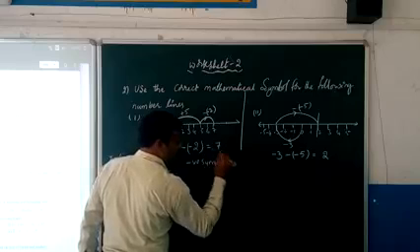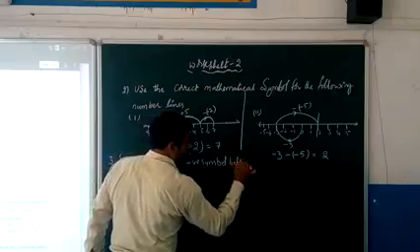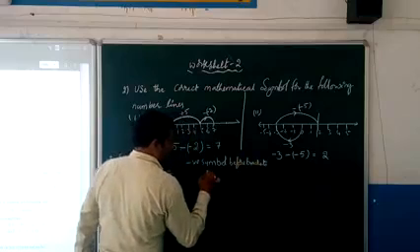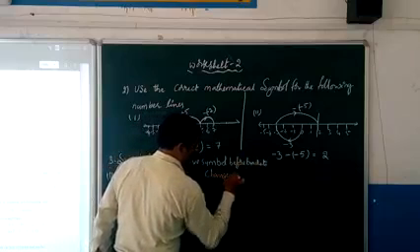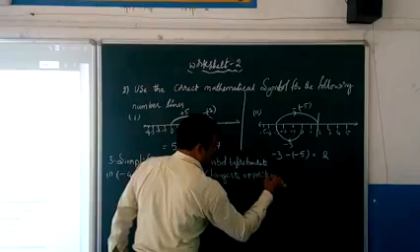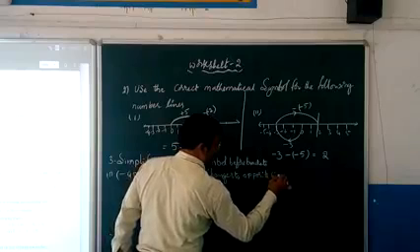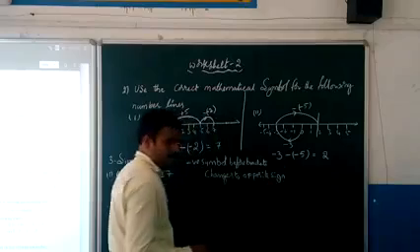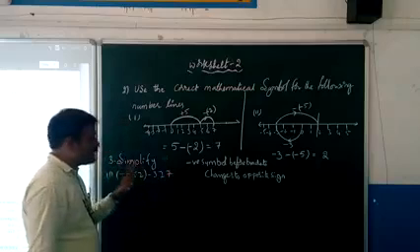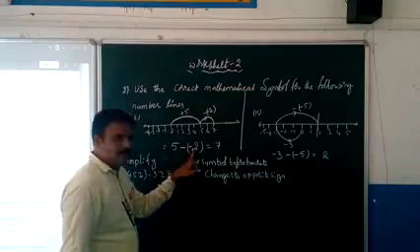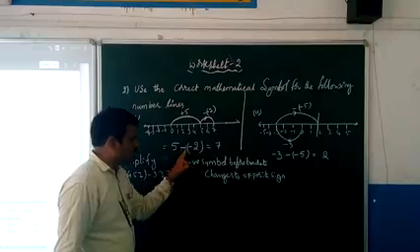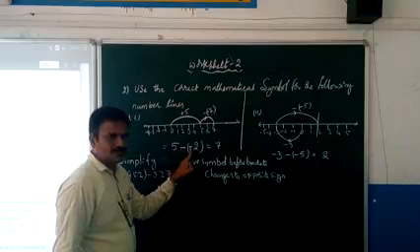remember children, a negative symbol before brackets changes to the opposite sign. Negative symbol is there, so minus is there, again minus. In this problem you can see a negative sign is there, so it changes to positive.